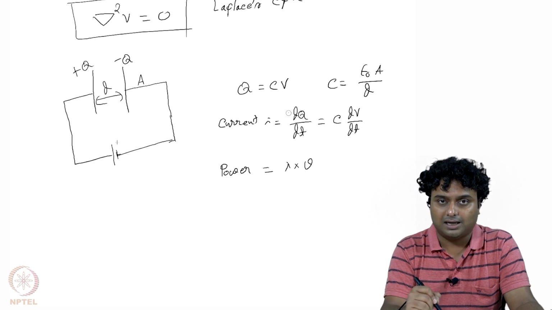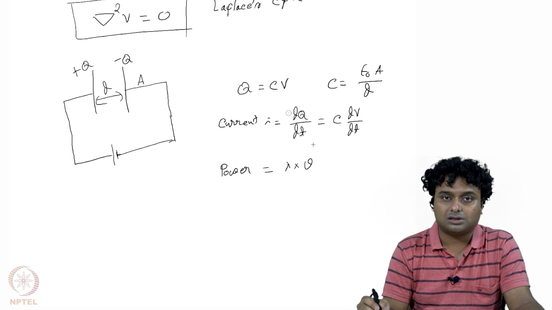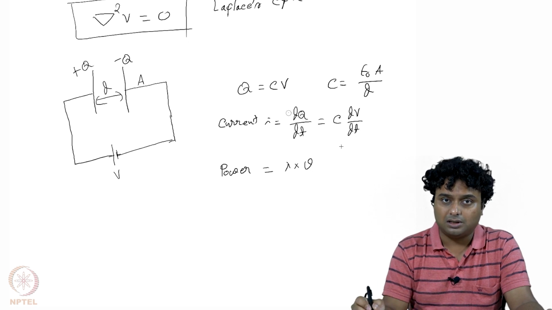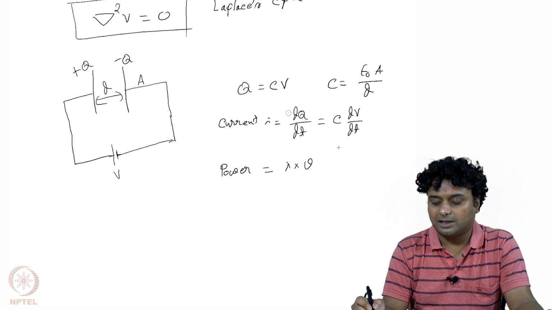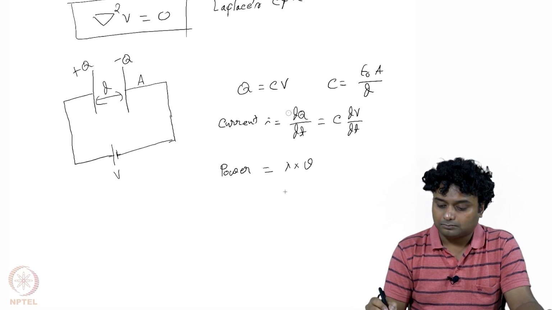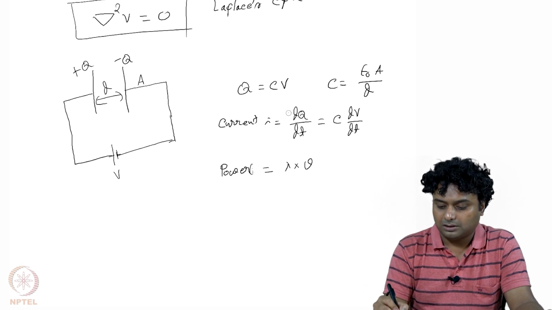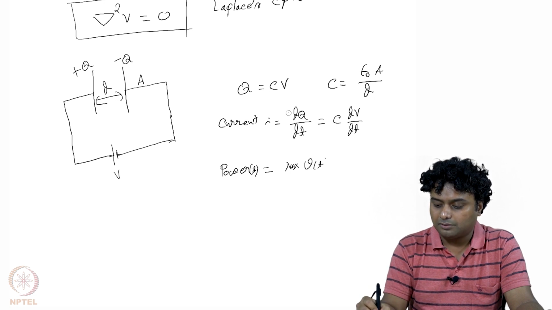Now as we connected the battery, it starts to store the charges, and because of that the potential starts from 0 and builds up till V, the potential difference that the battery can provide. Now this is the power. So at any point t the power is a function of time, I is also a function of time, and potential is also a function of time.